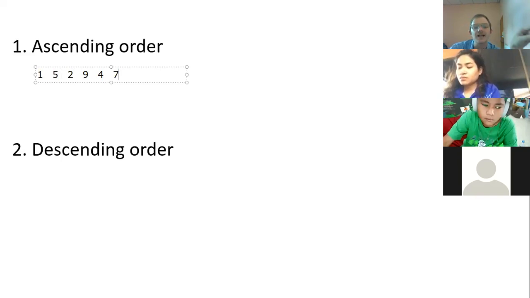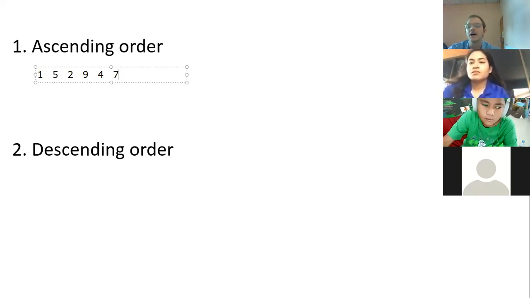So this is a random few numbers. Now, if they ask you to arrange in ascending order, what arrange means is to move the numbers around. Move them around to ascending order.